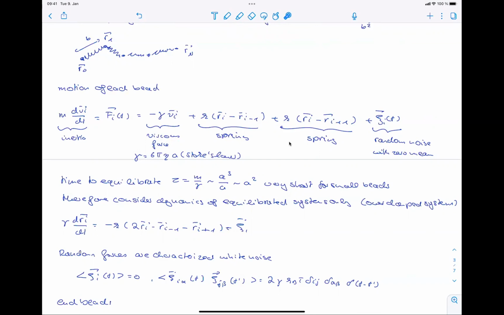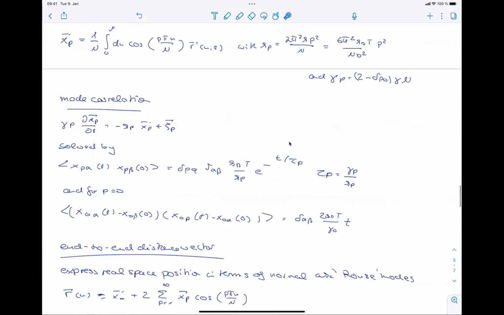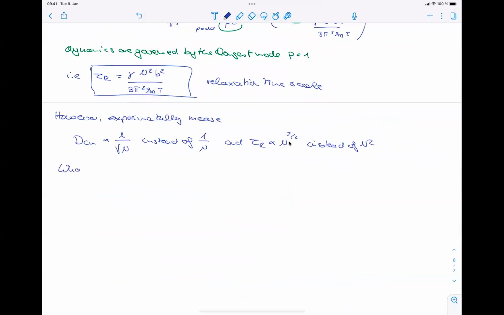And so the extended model would be to now account for the hydrodynamic interaction. So what is missing is the hydrodynamic interaction.